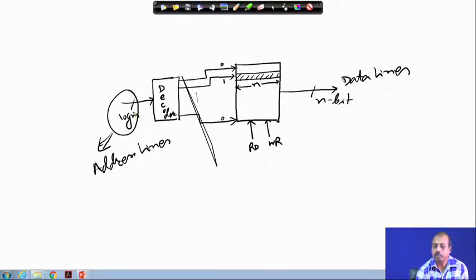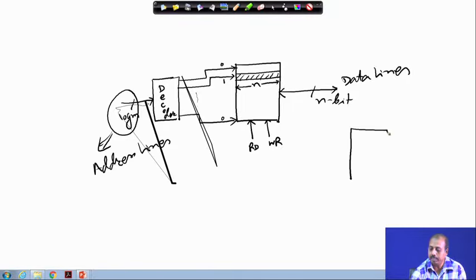If I am trying to write something onto the location, then this line is bidirectional in case of RAM, and I put the value onto this data line, put the address here and then give a write signal, so that whatever value is available on the data line gets written onto the location. So, this is the generic structure of a memory block.